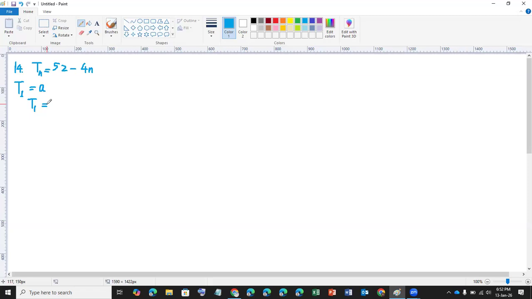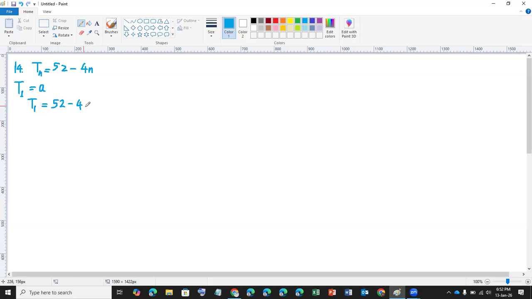So just simple substitution will save the day. So that will be 52, because this one is a constant, so nothing changes. So 52 minus 4 times 1.